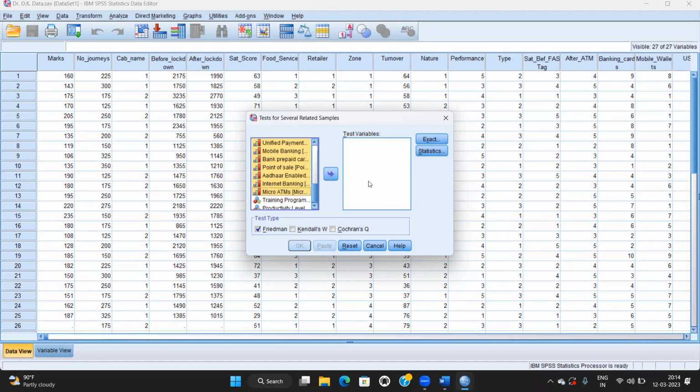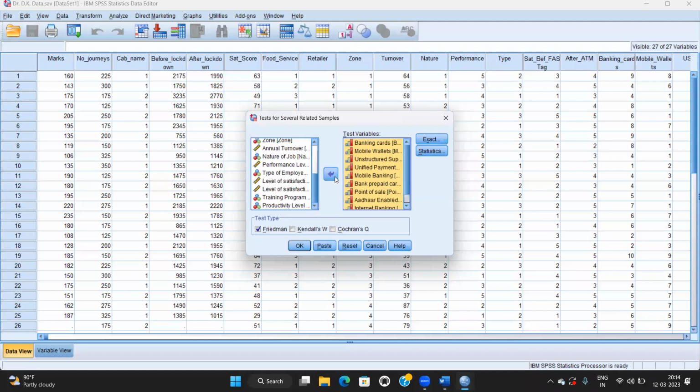Either you can select all and use the right arrow, or otherwise you can drag one by one, or select one by one. See, if Friedman test is selected, click OK.